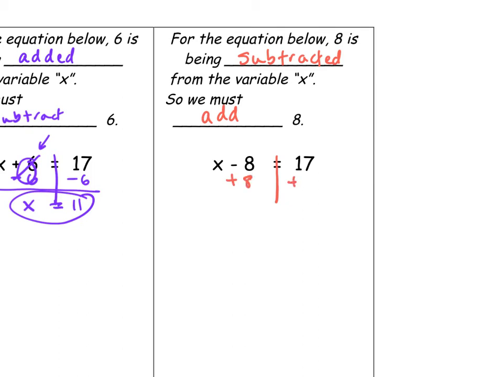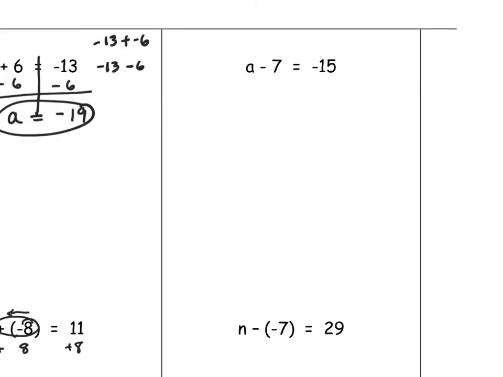We're adding because we see subtraction. This cancels out. Actually, it mathematically becomes 0, and x plus 0 is x, using the identity property. And our answer is x equals 25. So turn to the back now, please, and complete the 3 equations in the last column.